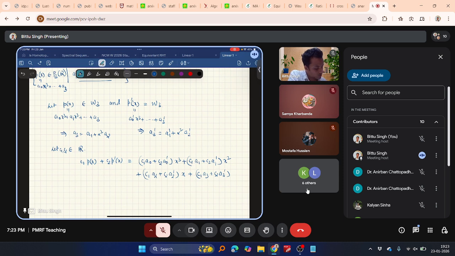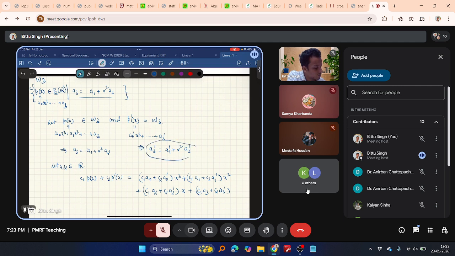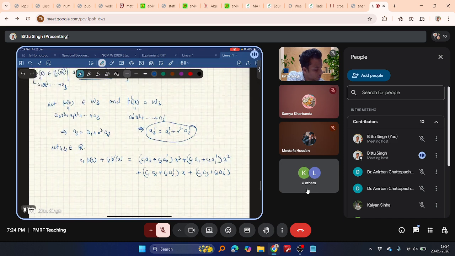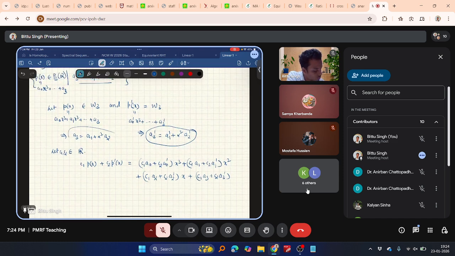Now, if we see this linear combination, we need to check whether this relation is satisfied or not. So let me denote it by some new name: k0 x cube plus k1 x squared plus k2 x plus k3.